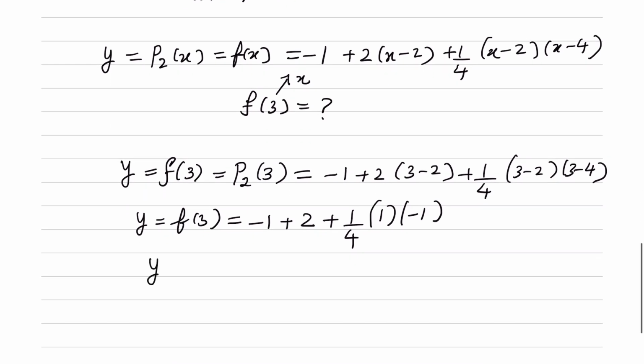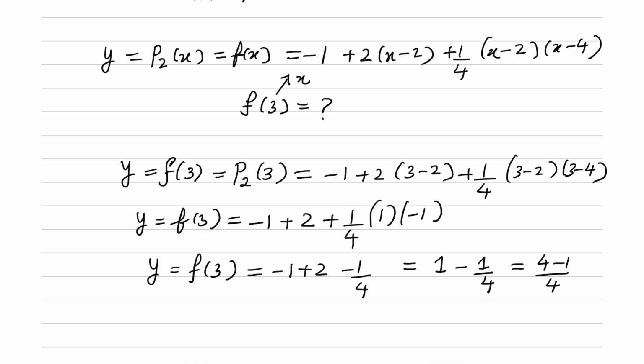So we have minus 1 plus 2 minus 1 over 4. So we have f of 3 equal to 3 by 4.